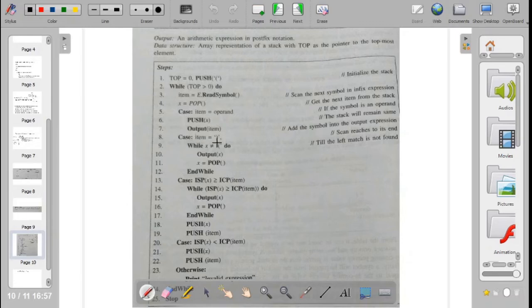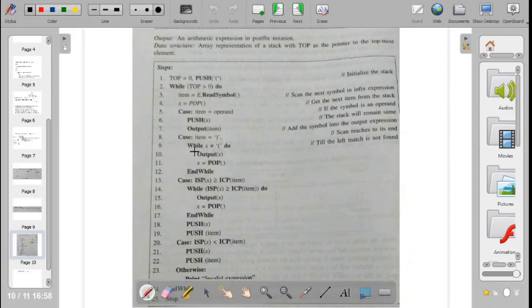Now, in case this item is a closing symbol, okay, this might happen when you reach the end of the infix expression or maybe if there are brackets in between also.